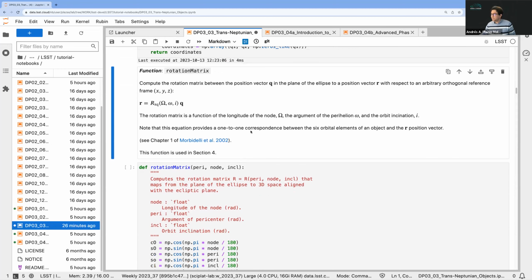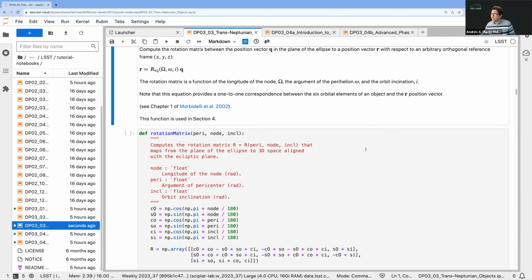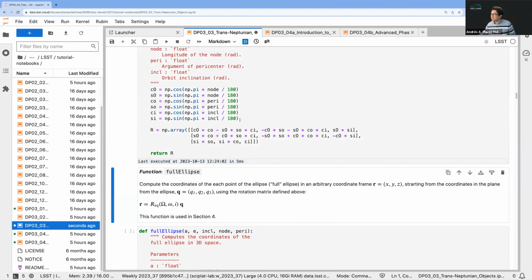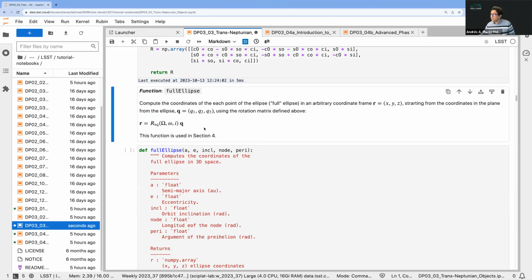In particular, the longitude of the node, capital omega. I'm used to omega being dark matter or stuff like that, but here capital omega is the longitude of the node. And we're going to have the argument of the perihelion, lowercase omega, and the inclination of the orbit. So that's basically what it's doing. It's a rotation matrix. You have all your sines and cosines.